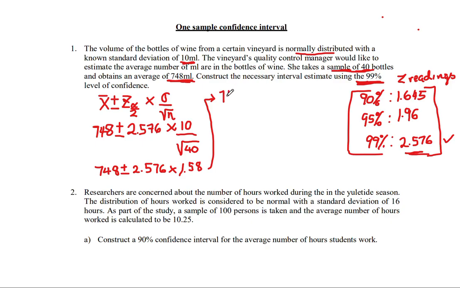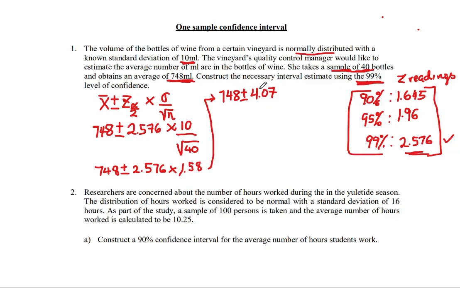So we will now have 748 plus or minus the result of multiplying 2.576 by 1.58, which to the second decimal place would be 4.07. So my confidence interval reduces to 748 plus or minus 4.07.